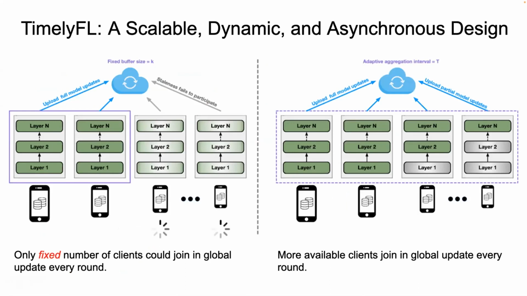So the question is, how can we overcome that? That's where we have a new scheme, Timely FL, in which we try to leverage partial training at each user. What it means is that if you have weaker clients, let's help them speed up their training. How can we help them? By asking them to focus only on the last few layers, and only do the backpropagation and model update on those last few layers as opposed to all the layers.